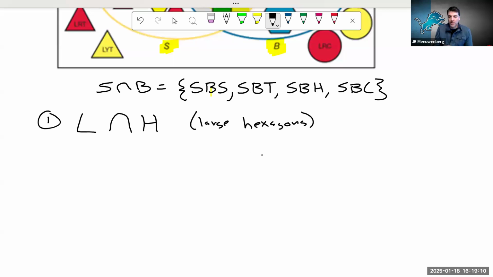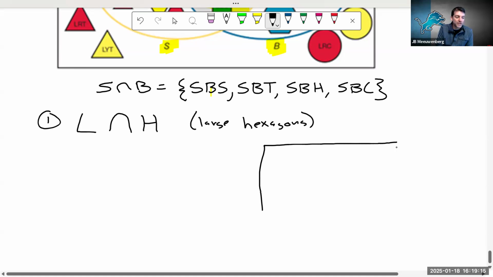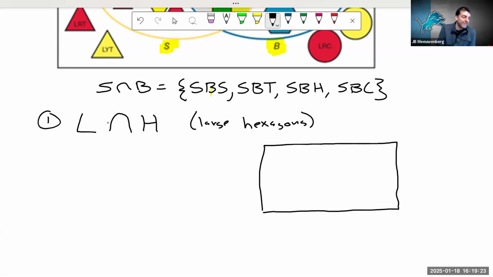But then what we're going to do is just do a little sketch of what our Venn diagram might look like, a simple sketch, and we're going to shade in the area that represents what we're looking for, okay? So if you arranged out all of these pieces, what you would end up with, like before, is a set of all your large pieces and a set of all your hexagons.